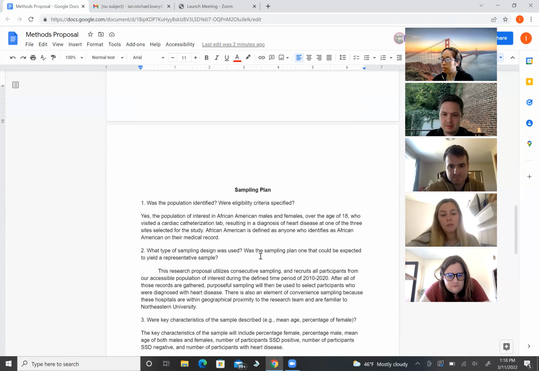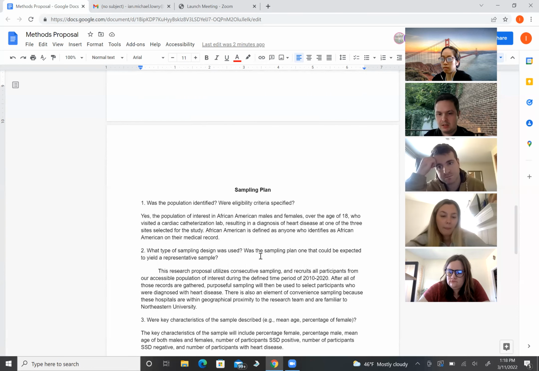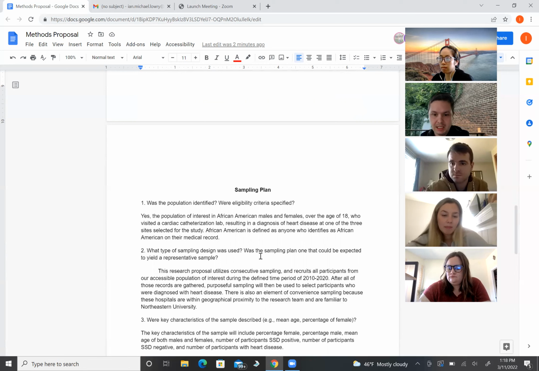We're doing consecutive sampling. After all the records are gathered, purposeful sampling will then be used. First we use the consecutive sampling to get those patients from those 3 hospitals in that decade. And then we go into purposeful sampling, so we're going to filter out patients that don't meet the race criteria, the age criteria, or the diagnostic criteria, and that will comprise our data set.